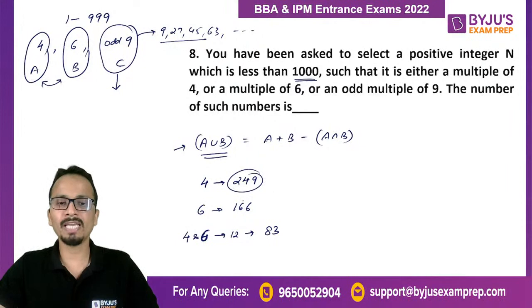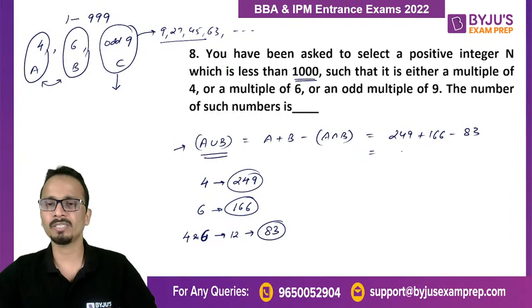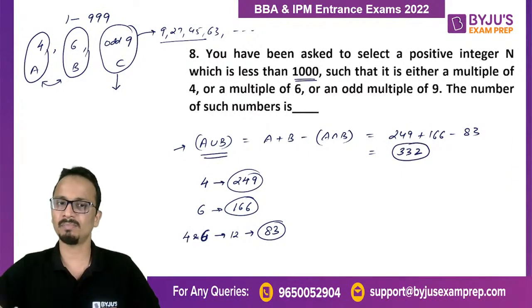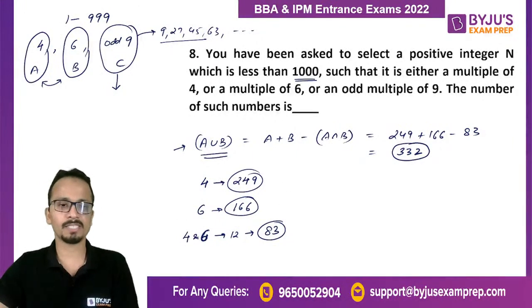So 249 plus 166 minus 83. That is 249 plus 83, 332. So 332 is the number of multiples of 4 or multiples of 6.